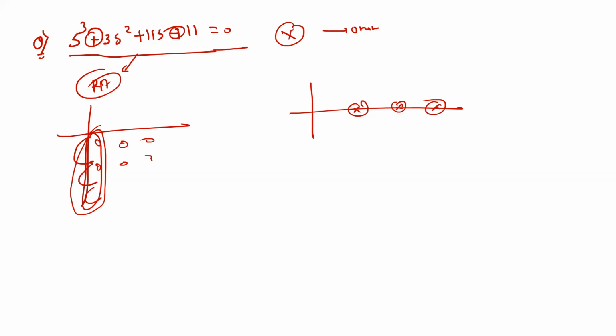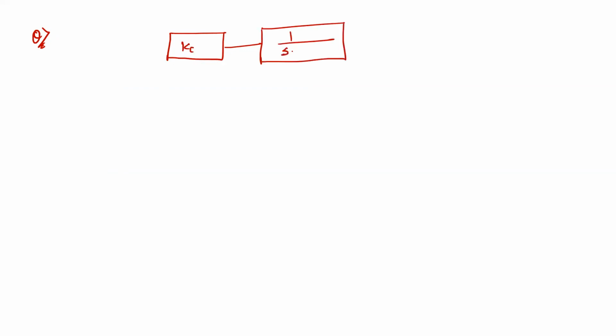So if it is clear, then let's try to solve one problem, right? This one is your Kc, this is a closed loop transfer function, and let's say this one is 1 upon s plus 1.